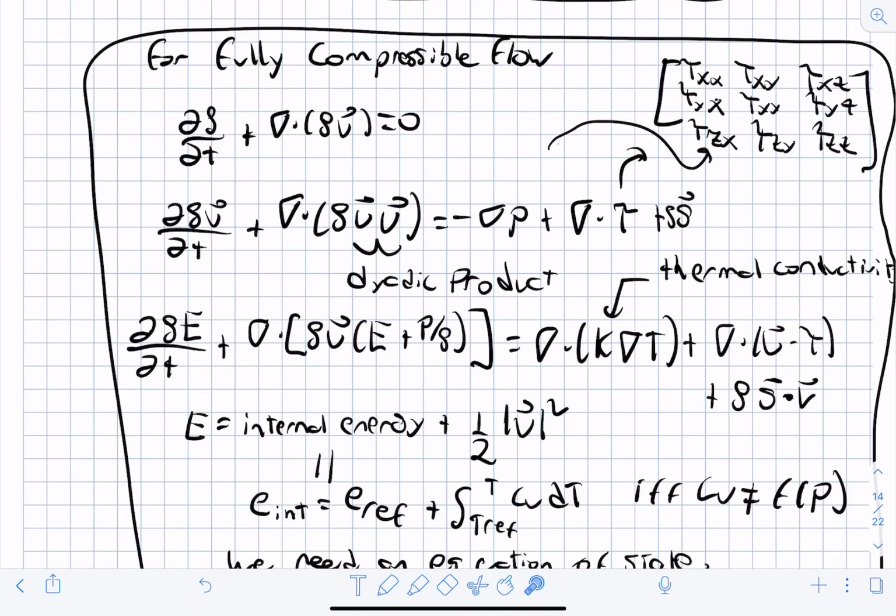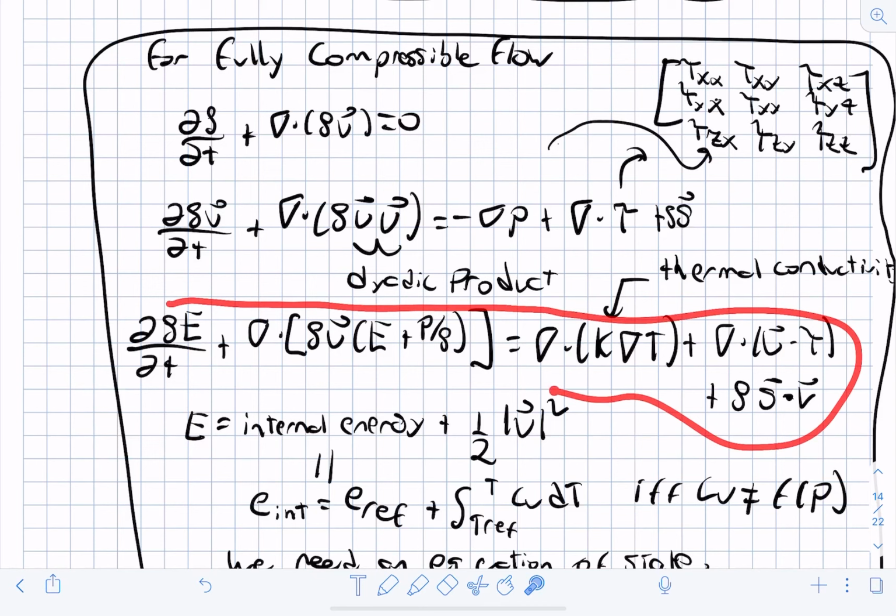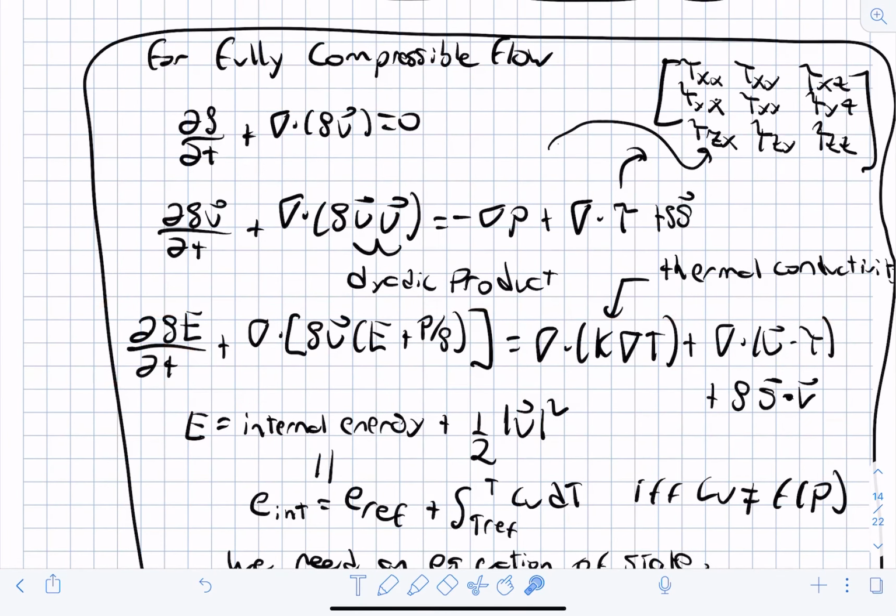But in general, you have to solve conservation of energy too, where essentially you have partial rho E partial T plus the divergence of rho V times E plus P over rho is equal to the divergence of this K grad T. This here is called the heat conduction term, and you're going to learn about that term in your heat transfer class.